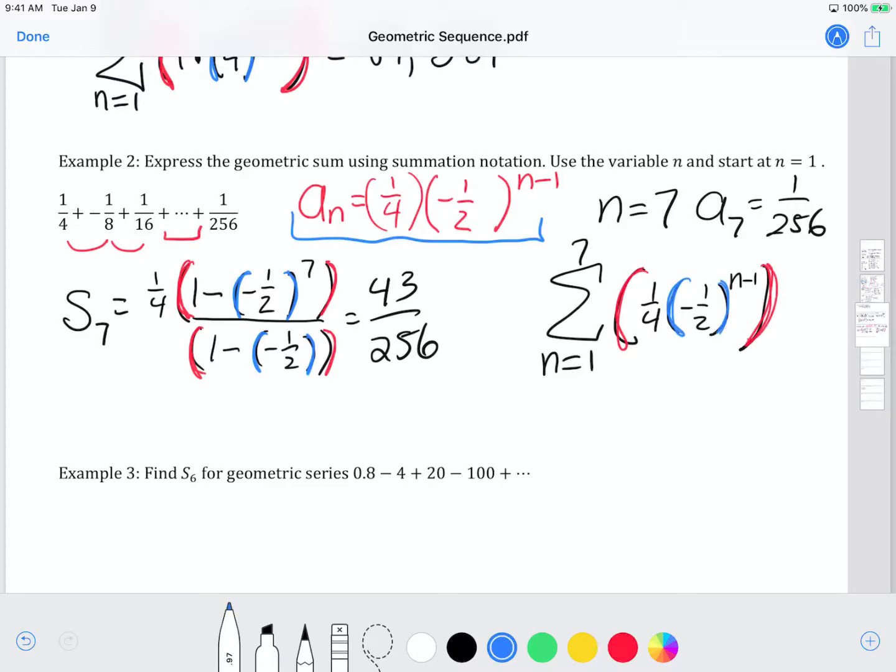We have the parentheses around our r, which is -1/2, and then parentheses around the whole nth term. When we do that, we're still going to get 43 over 256. So no matter how you do it, you should still get the same answer. Just be careful of making sure you put your parentheses in the right place. And it doesn't take that long to do it both ways, so it's probably a good idea that you work it both ways so you can check your answer.